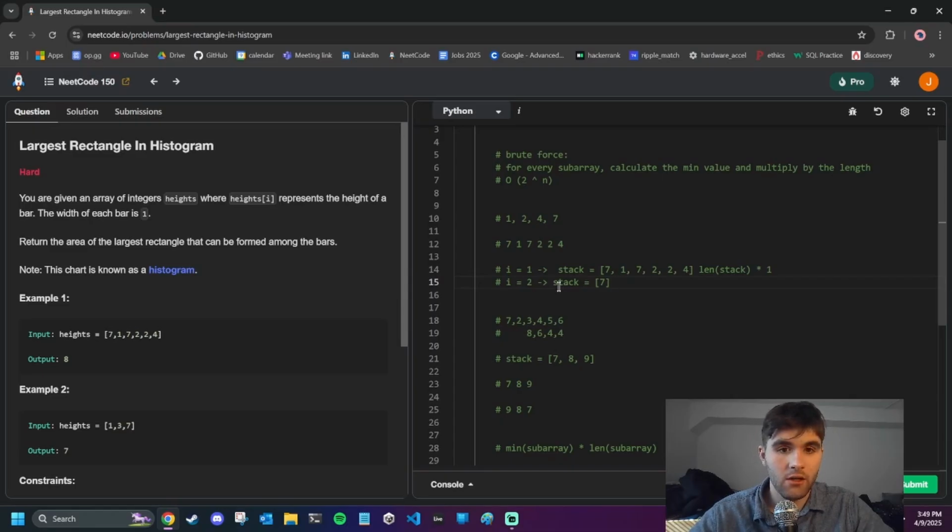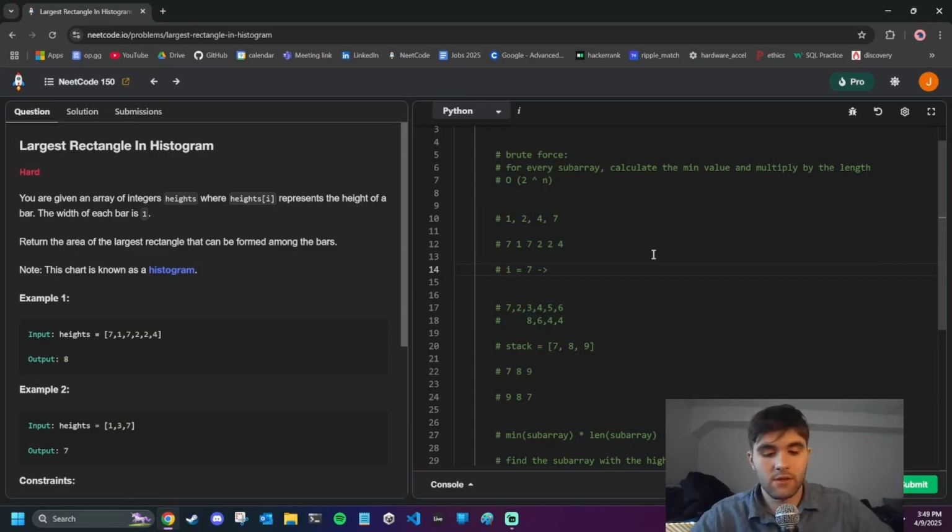Because 1 is less than 2. So we know that this won't even have, so we could make this a rectangle of size 2 right here. So maybe we start with 7. Let me try starting with 7.